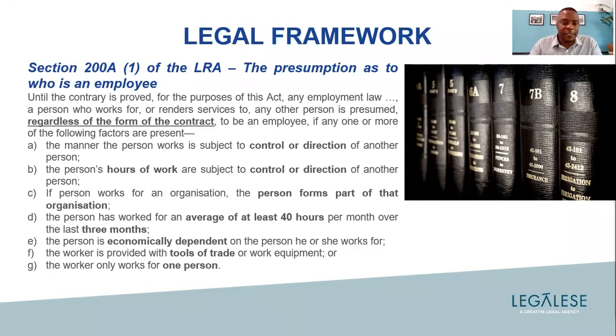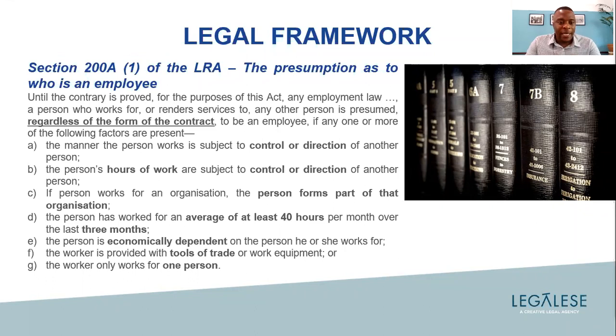The first one is if the manner in which that person works is subject to the control or direction of that other person, then they'll be presumed to be an employee. If the person's hours are also subject to the control or direction of that other person, the presumption applies. If that person works for an organization and forms part of that organization, the presumption will also apply.